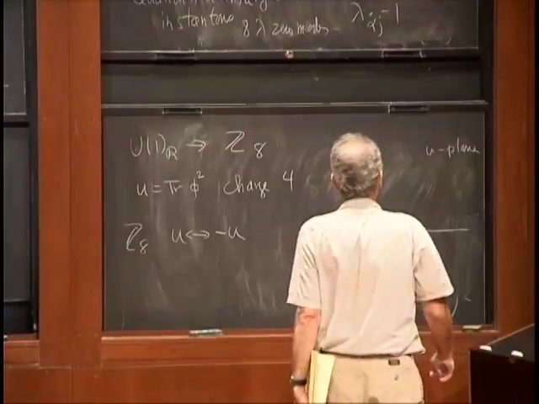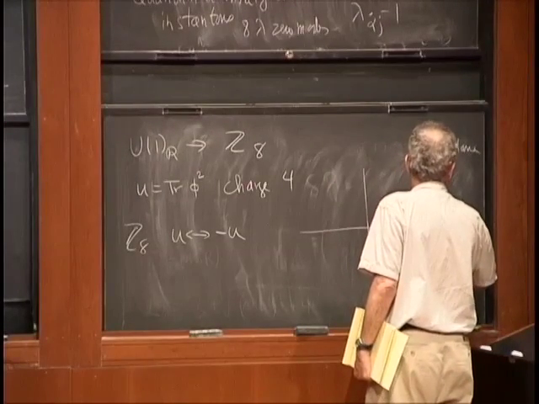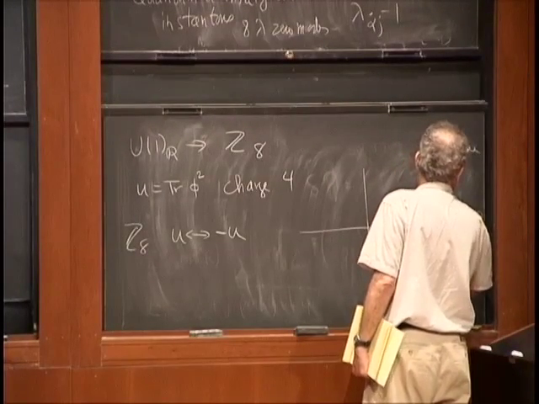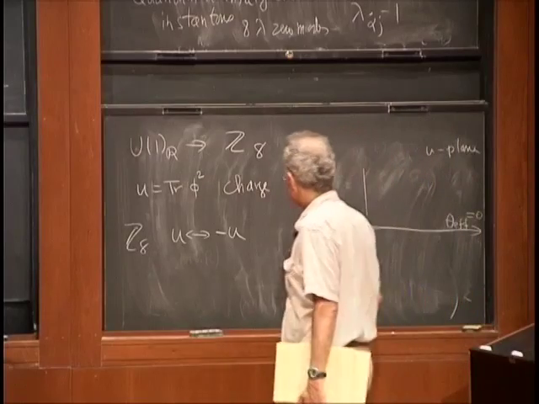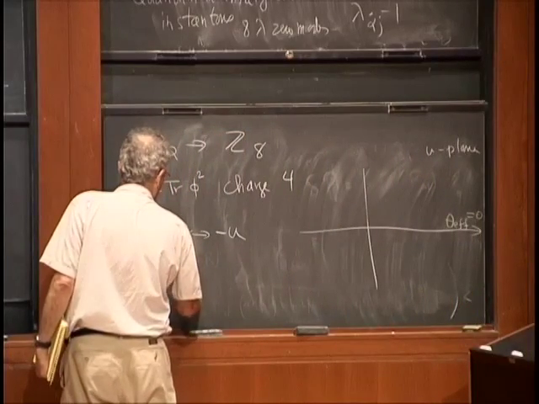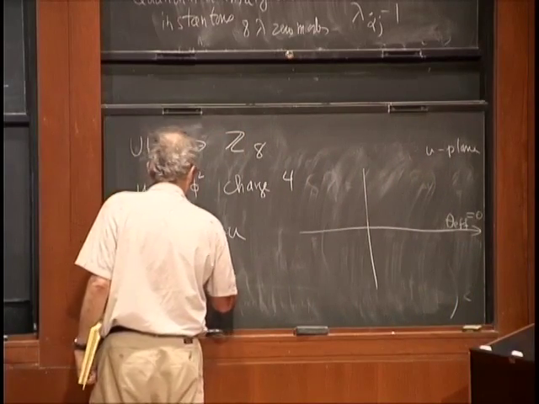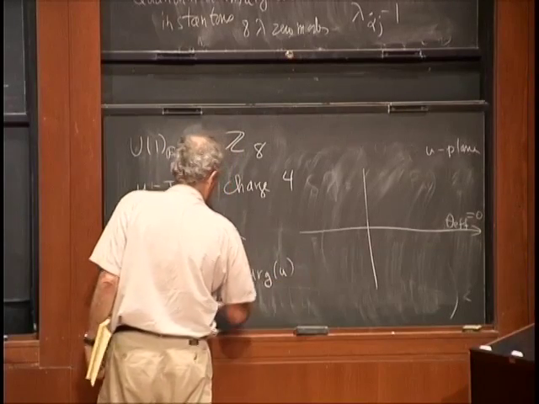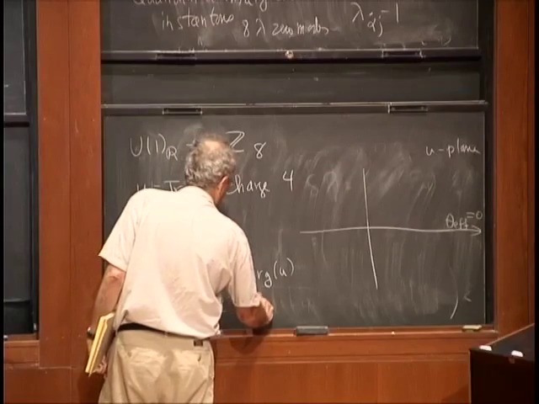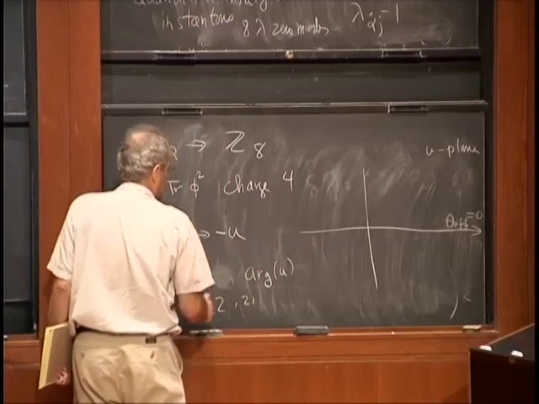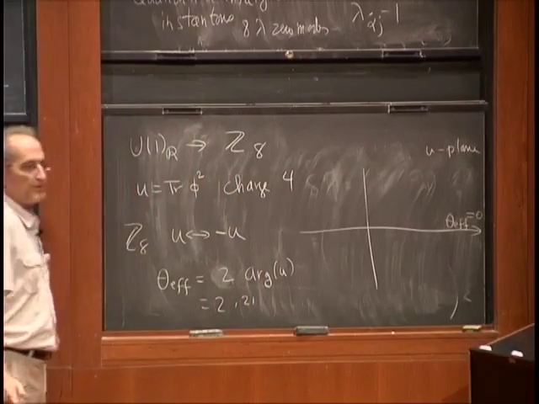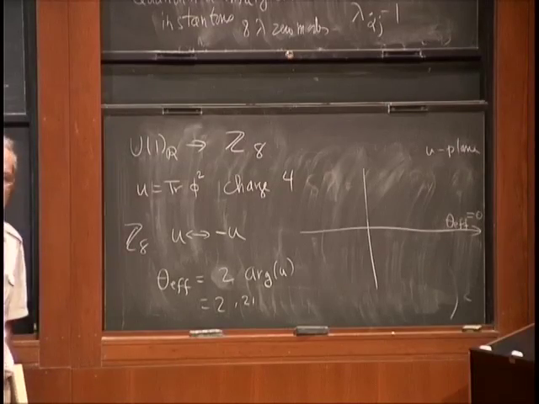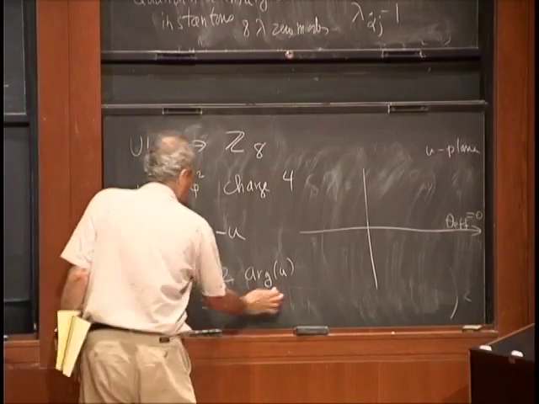And we can define it so that the effective theta angle is 0 on the positive u axis. If we do that, then the effective theta angle is 4 pi times the argument of u. Sorry. The argument of u is the phase, but it goes from 0 to 2 pi. So the theta angle is 2 times the argument of u.